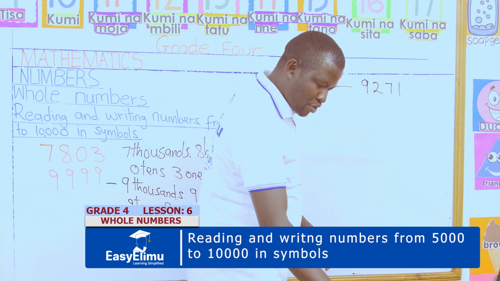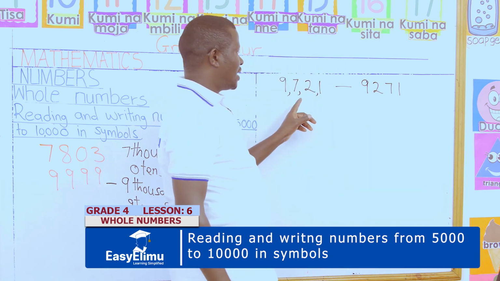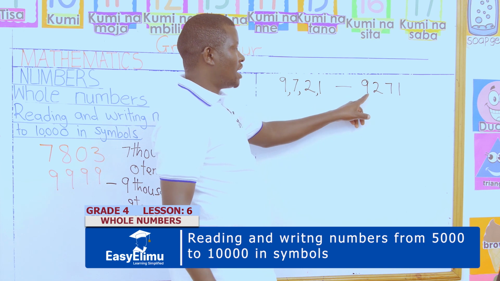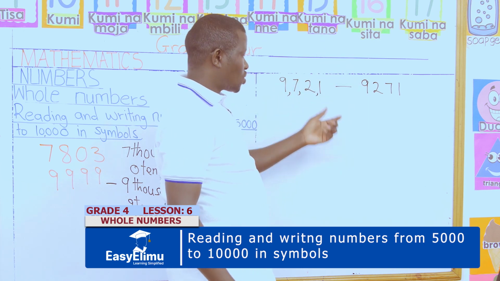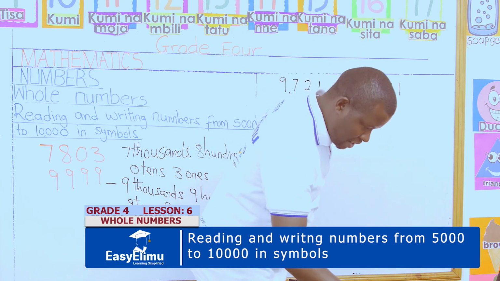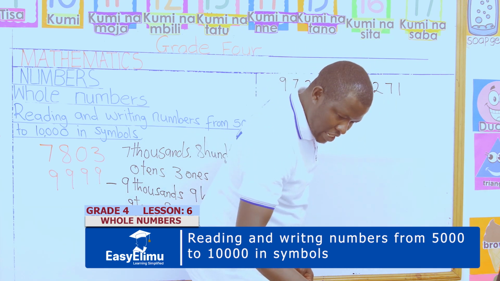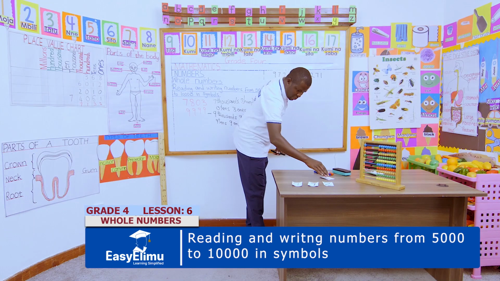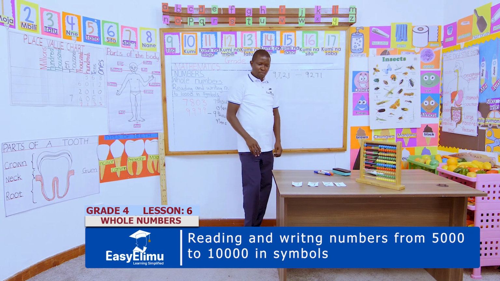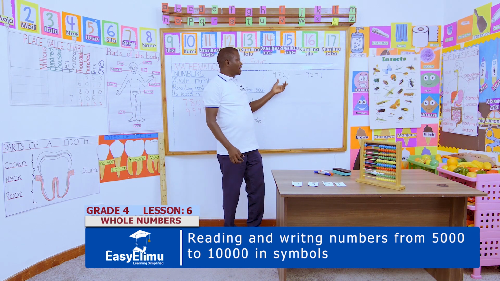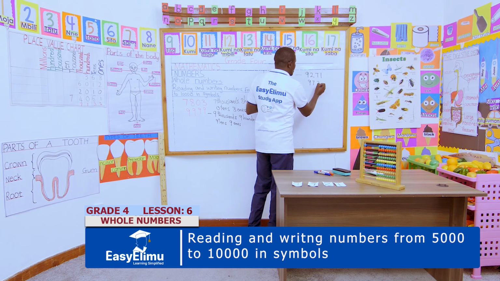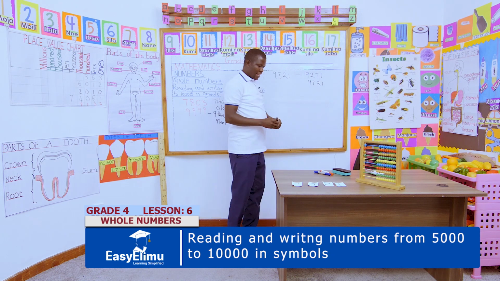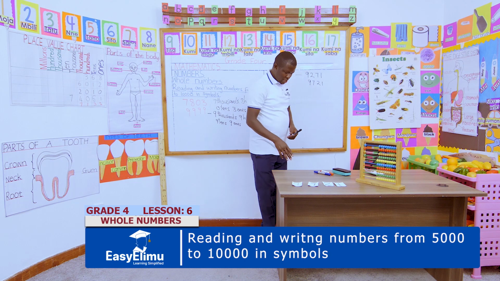Another number formed from these digits. Remember, the number that you are forming should start with 9 because it should be above 5,000. So we have 9, we have 7, 2, and we have 1. That is the number we have formed, the way they appear here. And then another number we can form, we can still jumble them.